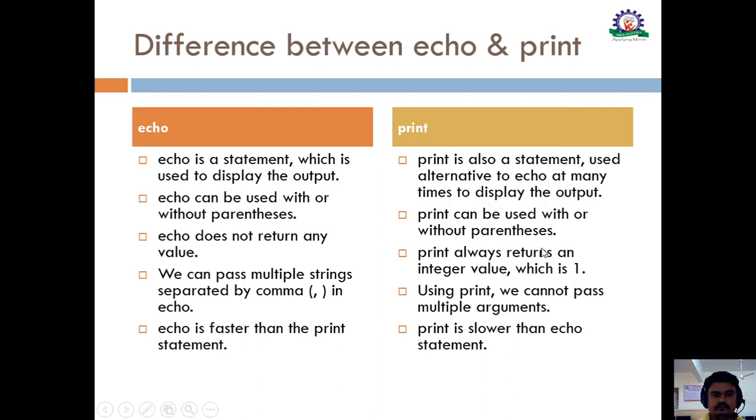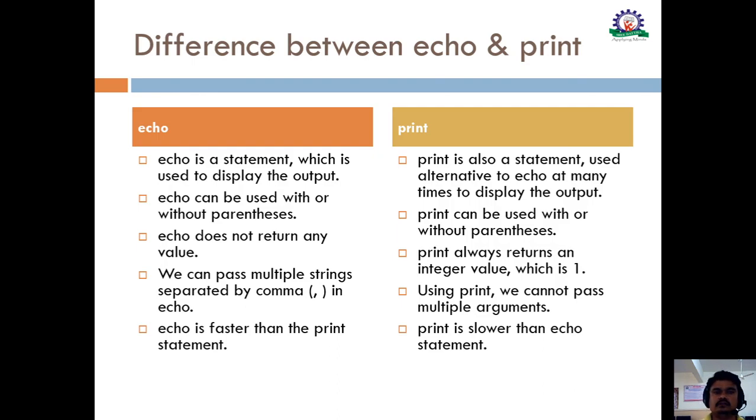Next, we can pass multiple strings, or we can pass multiple variables as arguments separated with comma in the echo statement. That is also we demonstrated, like we were printing the first name and the last name of the particular person. Then using the same with print, we cannot pass the multiple arguments.